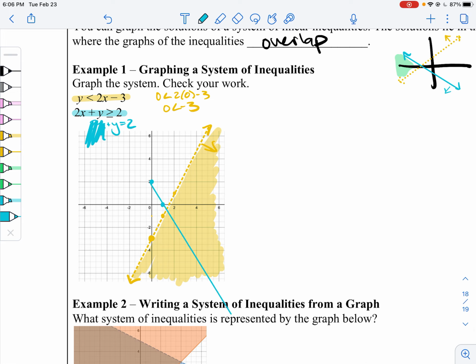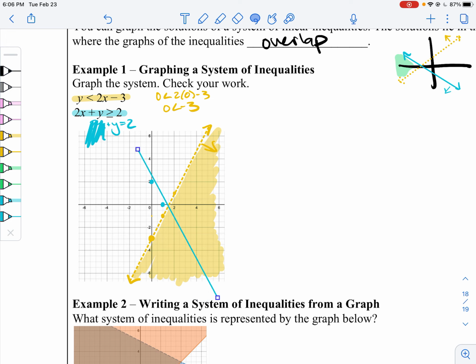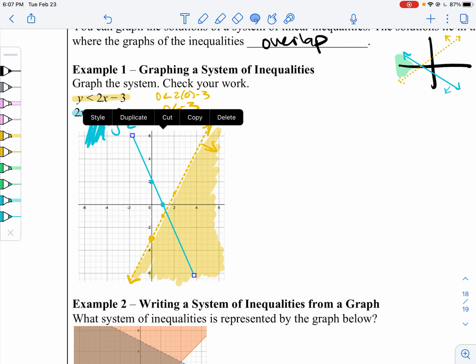So graph that line. Is it supposed to be solid though? It is. Oh, it's a little off. Take that line. Well, that's close enough.